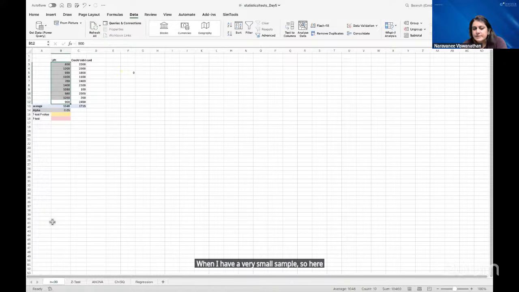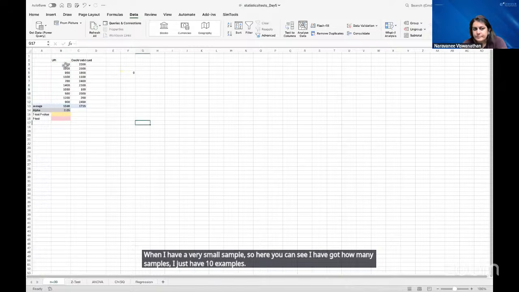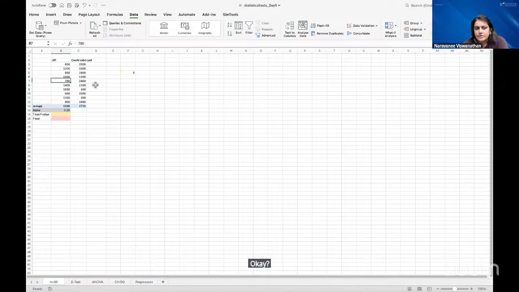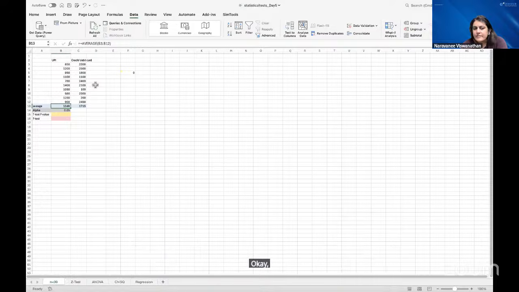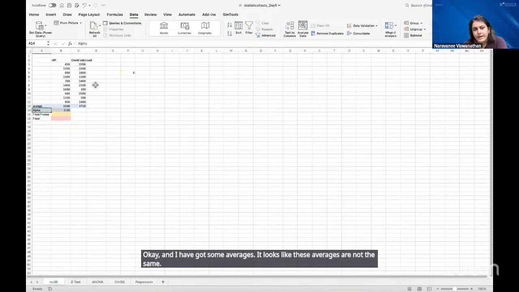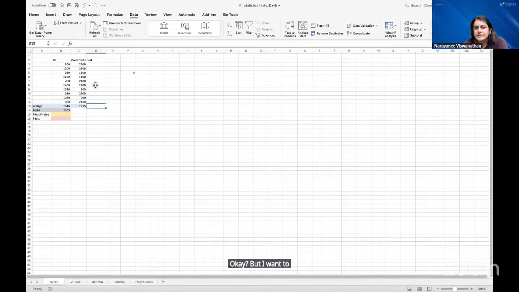So here you can see I have just 10 samples. I've got 10 UPI transactions and 10 credit or debit card transactions, and I have got some averages. It looks like these averages are not the same. But I want to check this at 95% confidence level, whether these averages are the same or different.